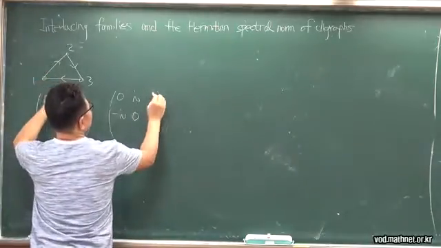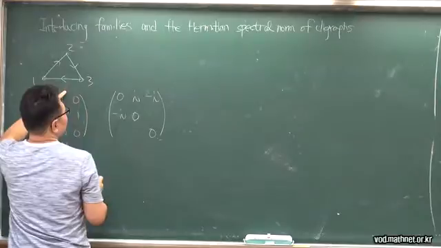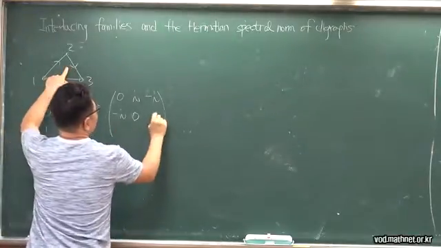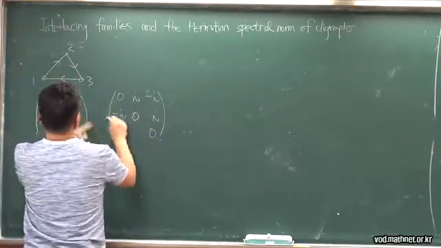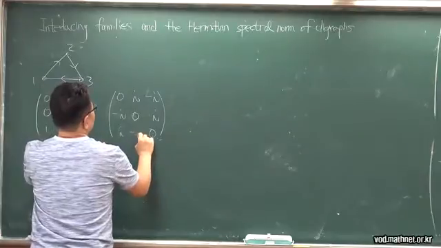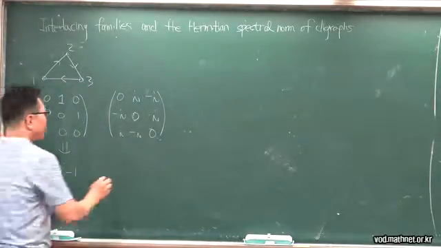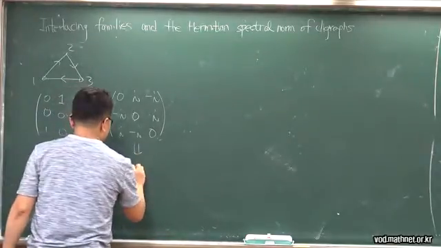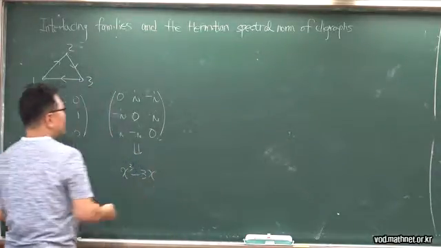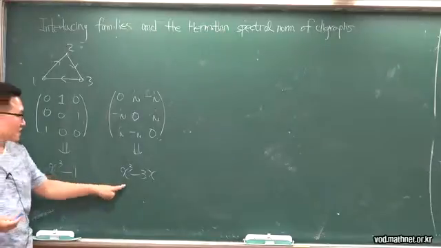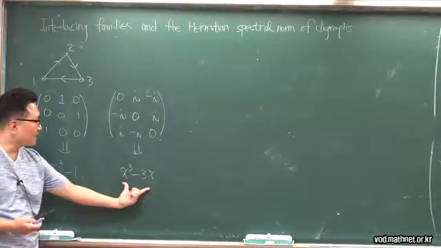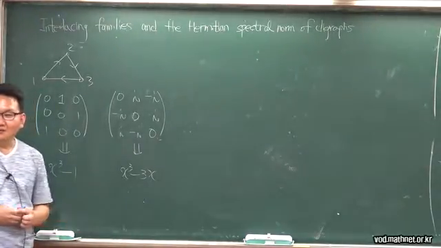And for 1 and 3, this is directed the other way. For 2 and 3 we give i here, and this way is minus i here. Then you can determine the characteristic polynomial of this one, which is x cubed minus 3x, and you can recognize that the roots are real.